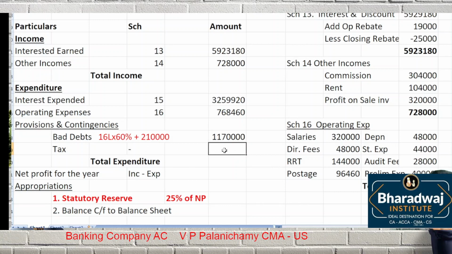Tax, I hope provision for tax has been given directly. What is the provision for tax? 9 lakhs. So total the expenses, that is the 15, 16, bad debts and tax, you get the total.